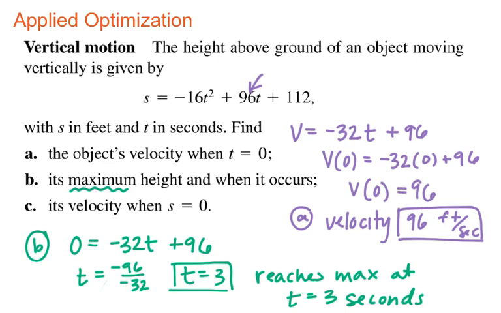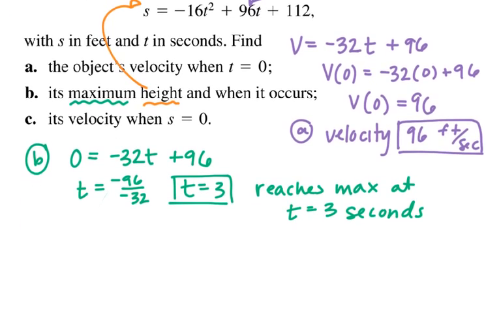So what is the max height? So now height is position. So that means I need to take this 3 and plug it into my position function here. So s of 3 is negative 16 times 3 squared plus 96 times 3 plus 112.